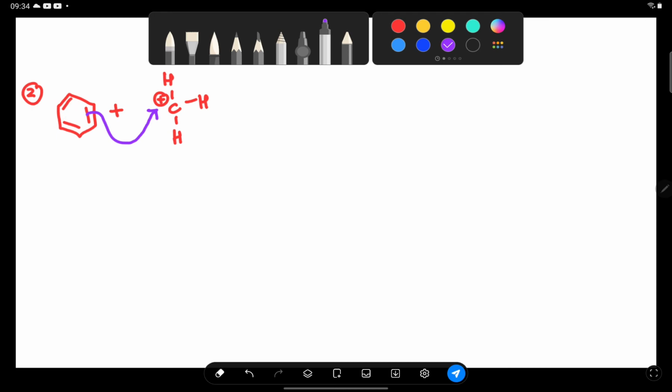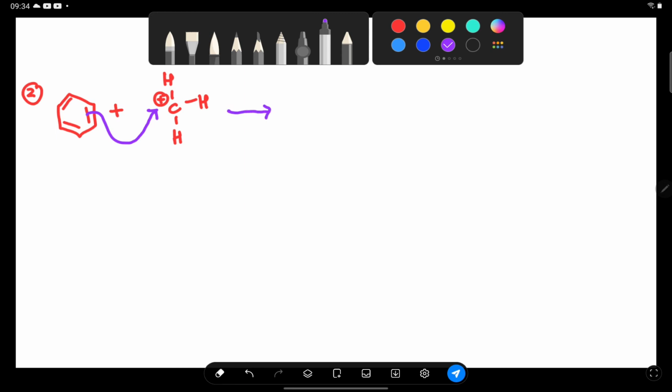Any species that contains more double bonds also contains more electron, so we categorize it as a nucleophile. In the mechanism, the rule is the nucleophile always attacks the electrophile. That's why the arrow goes like this, meaning this will attack this.